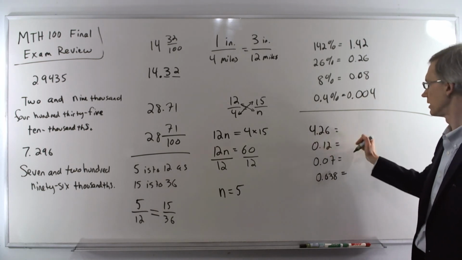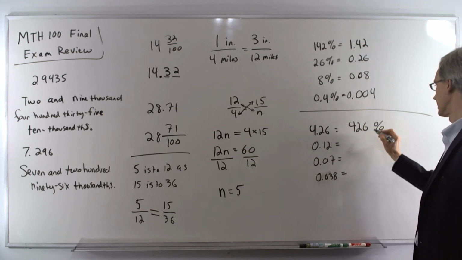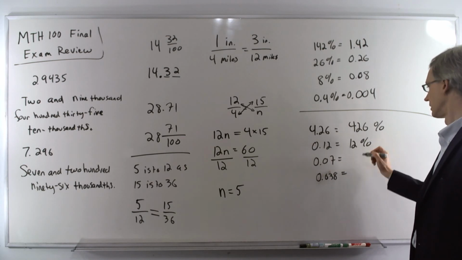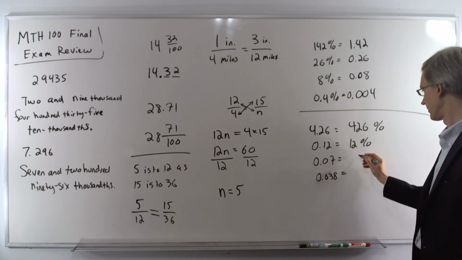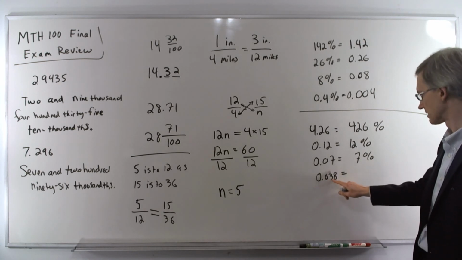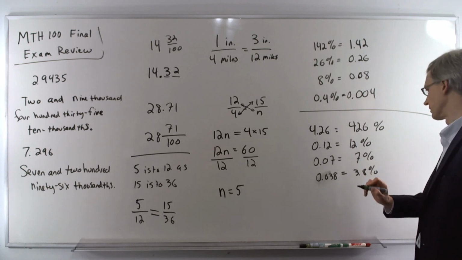Move these to the right, we get 426, and then make sure you add that percent sign. Here we move 2 to the right and get 12, so 12%. Here we'll move 2 to the right and get 7%. Here we move 2 to the right and the decimal lands between the 3 and the 8, so there's 3.8%.